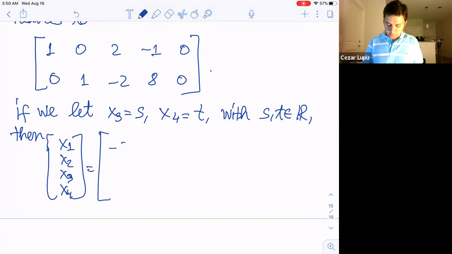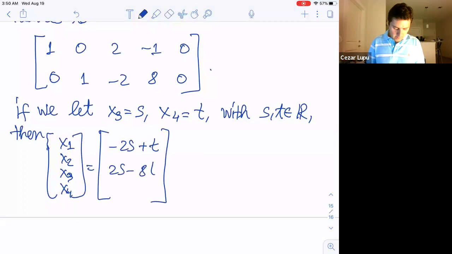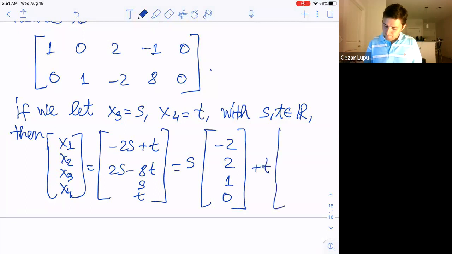This will give us negative 2s plus t, 2s minus 8t, s and t, or you can write this as s times negative 2, 2, 1, 0, plus t times 1, negative 8, 0, 1.